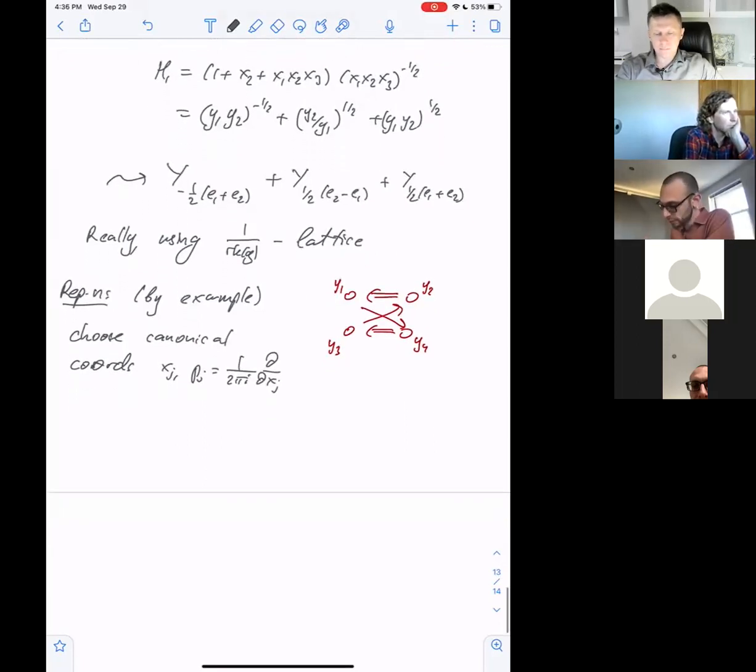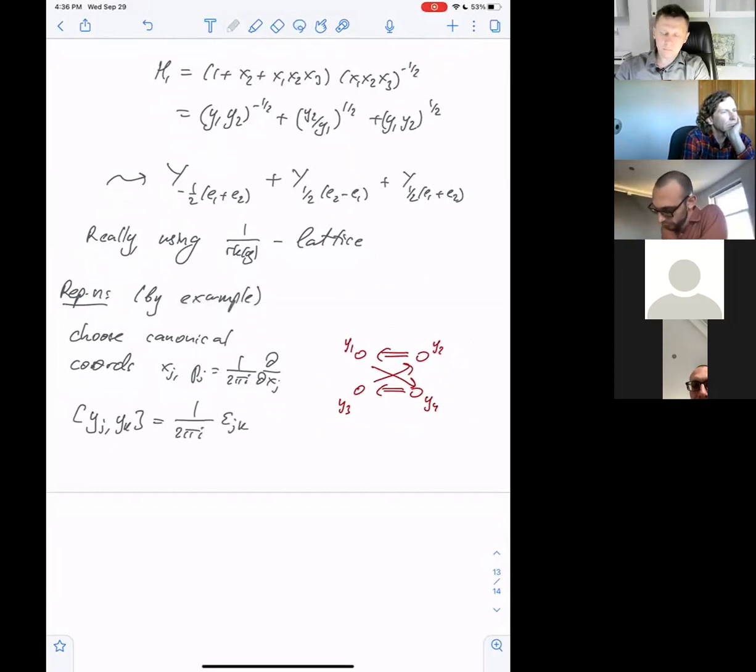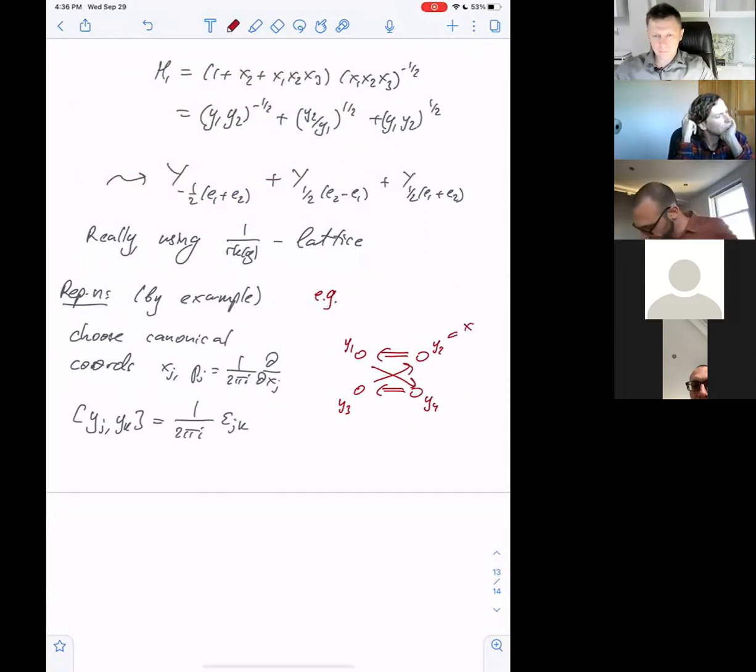Then I want to write a parametrization of these cluster variables y in such a way that the bracket of yj and yk would be 1 over 2 pi i epsilon jk. For example, I can put y2 to be x2 minus x1, y1 to be p1 minus p2, y3 to be p2 minus p3, and y4 to be x3 minus x2.